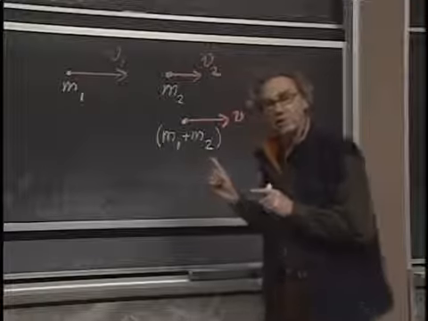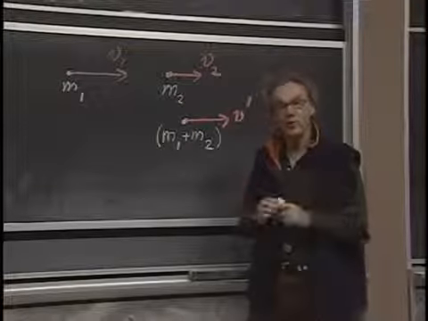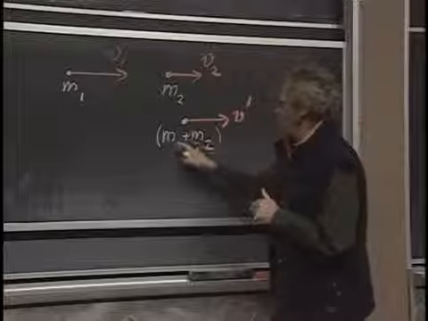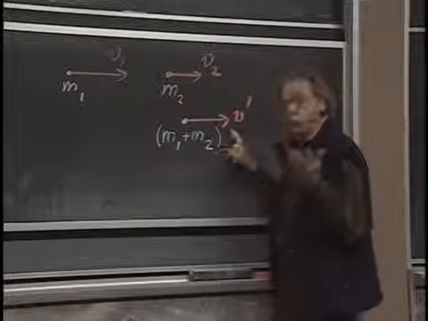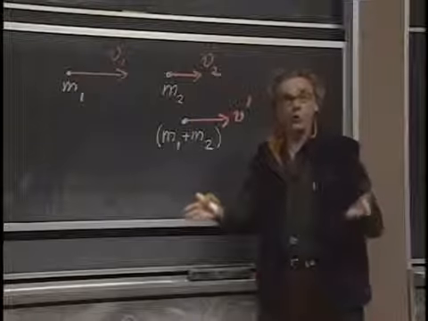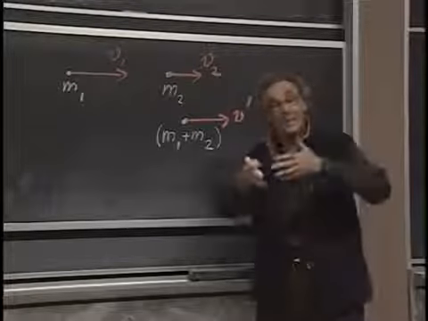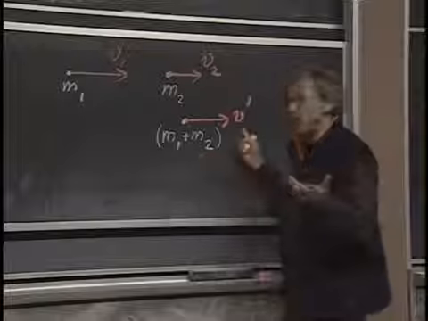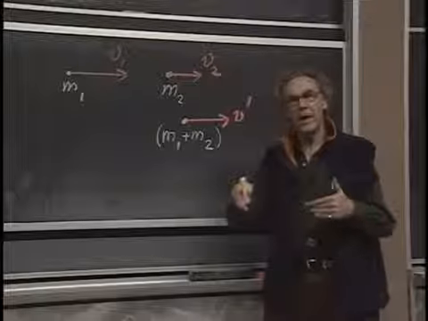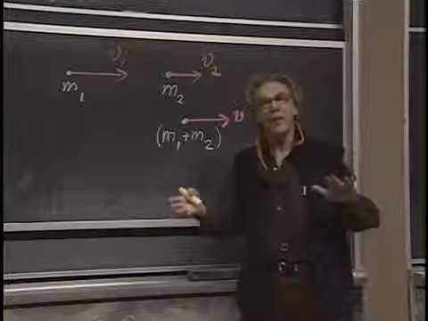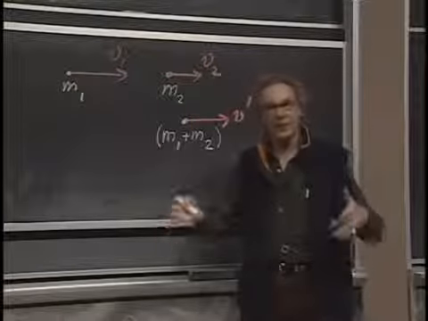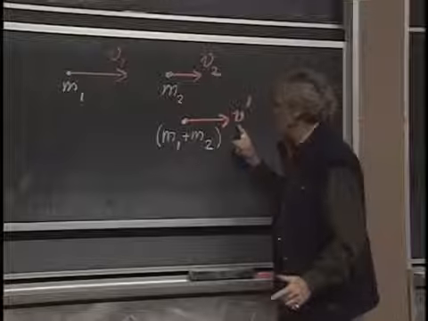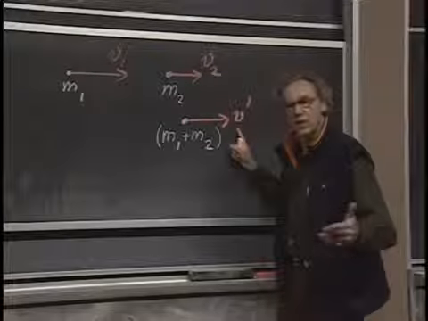Now in this case, we're dealing with an inelastic collision. So m1 and m2 are stuck together. They are merged. So it is sufficient to just call it v prime. You could have called it v1 prime, because v1 prime is the same as v2 prime, which is the same as v prime. And during the next 4 minutes, you will see that a few times I call it v1 prime. I wish I really hadn't. It would be better if I had just used v prime. That is unique and sufficient.